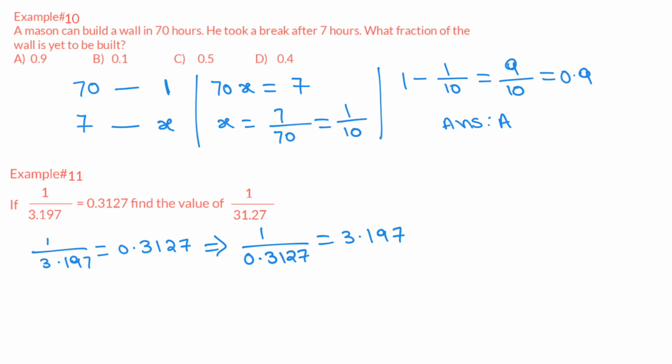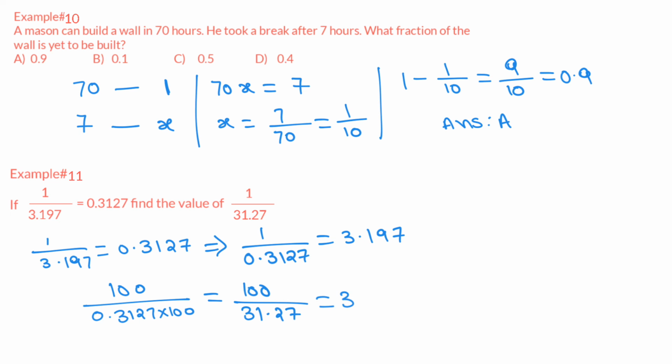So let us consider this fraction and multiply the numerator as well as the denominator with 100. So this is equal to 100 divided by 31.27. As I mentioned earlier, if a fraction's numerator and denominator are multiplied with the same value, then its value will not be changed.